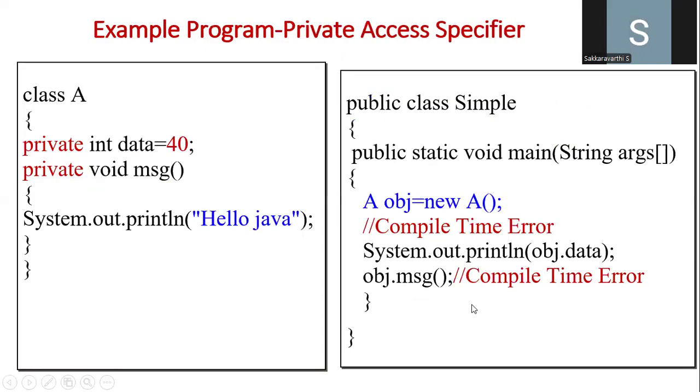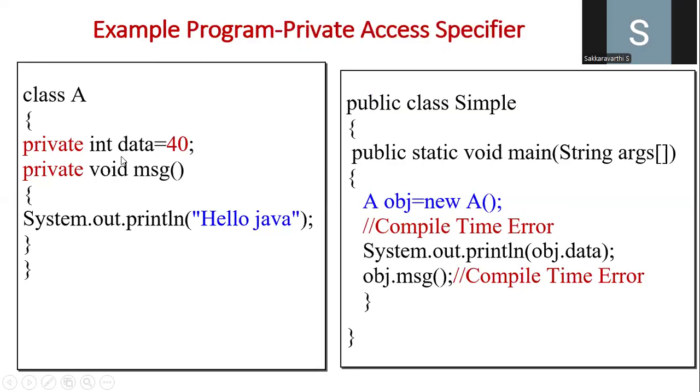Let's see it with the program. Class A has private int data and private void message. Then public class Simple with the main method. I am trying to create an object for the class A within the class Simple. But the class A members are private.